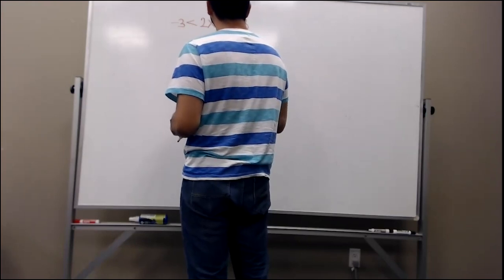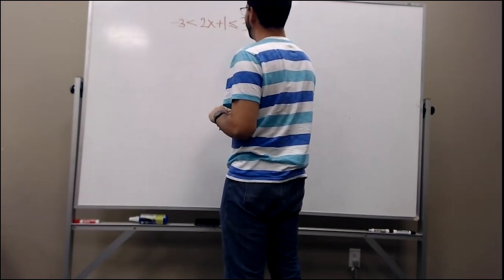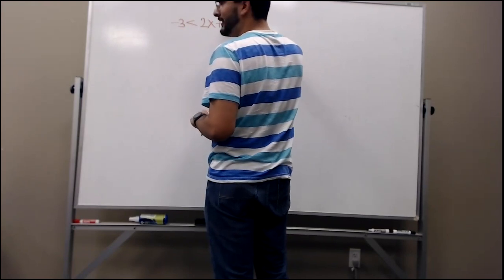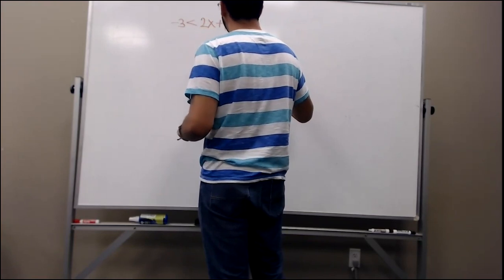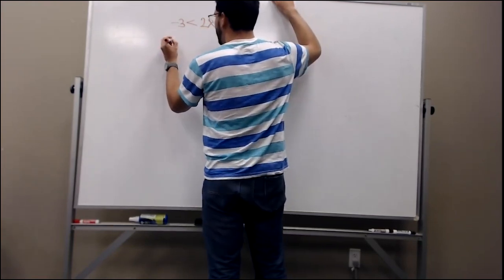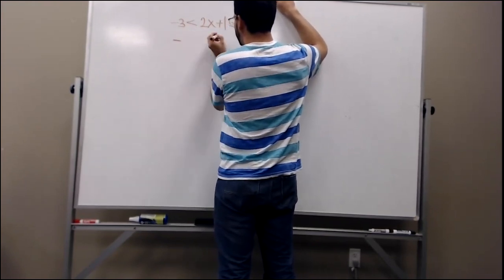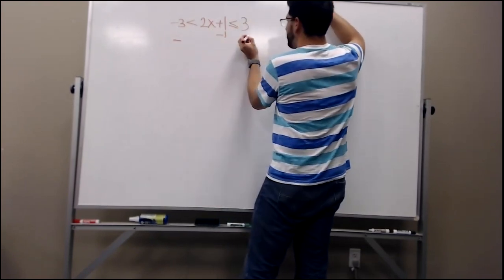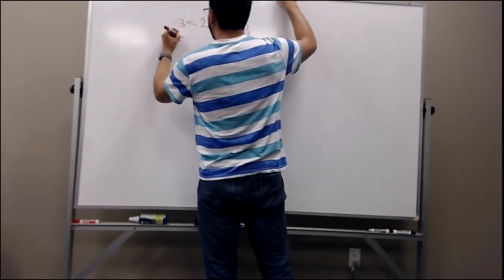So you want to have x in the middle. So first get rid of that plus 1. But you have to remember, whatever you do, you have to do it to the whole inequality. We can just delete it by subtracting 1 from here and 1 from here, and from the whole thing.